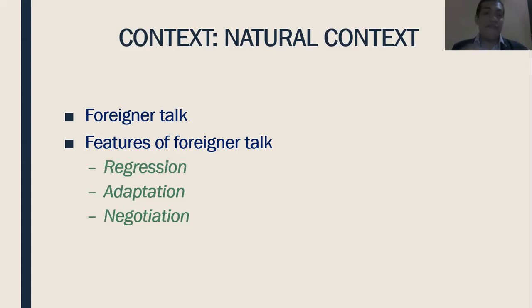For example, if he uses a phrase that the learner does not understand, what the native speaker does is explain that word or explain that message. So this is basically what I want to share with you.